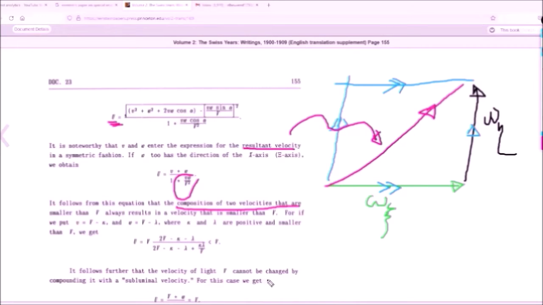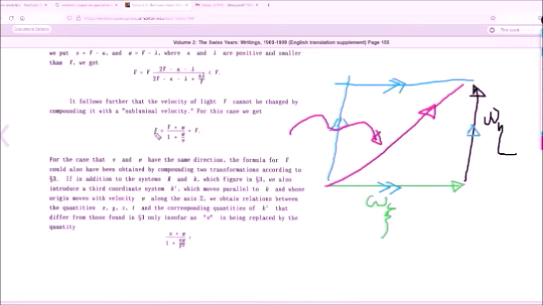For this reason, we get the velocity U equal to the velocity of light plus some constant divided by that constant. For the case that V and W have the same direction, the formula for U could also have been obtained by compounding the two transformations according to section 3.